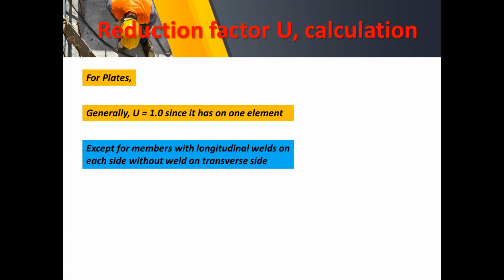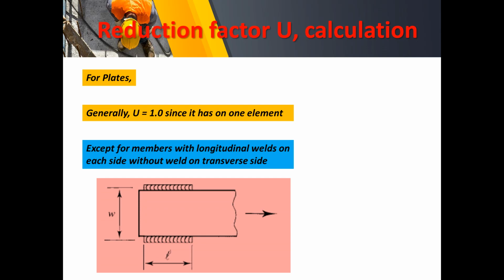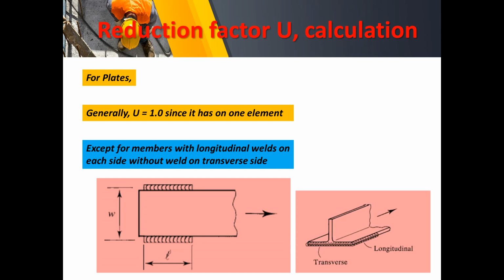For members with longitudinal welds on each side without weld on the transverse side, such as this one. As you can see, the weld fillet is only on the longitudinal axis of the member plate. Again, there will be no weld on the transverse axis.